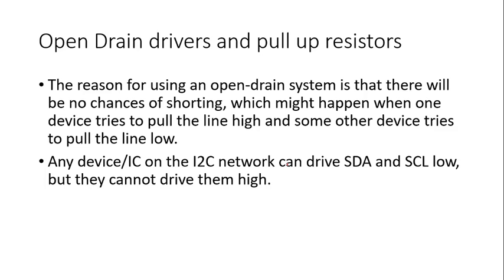The reason for using an open drain system is that there will be no chances of shorting, which might happen when one device tries to pull the line high and some other device tries to pull the line low. So if one device tries to make it high and another device tries to make the line low, then what will happen? Short circuit may happen and it will draw more current in the circuit.